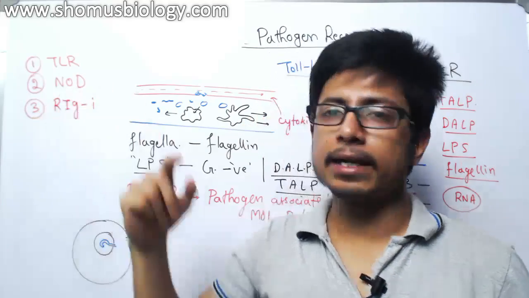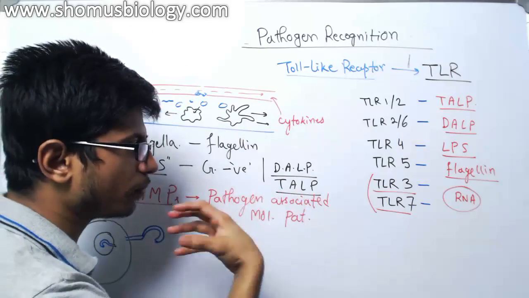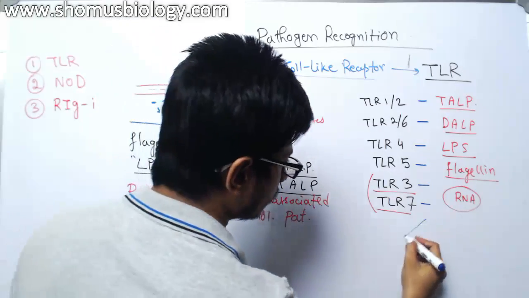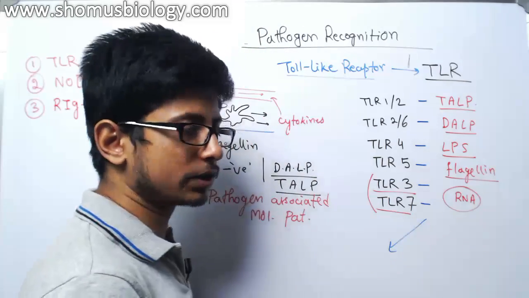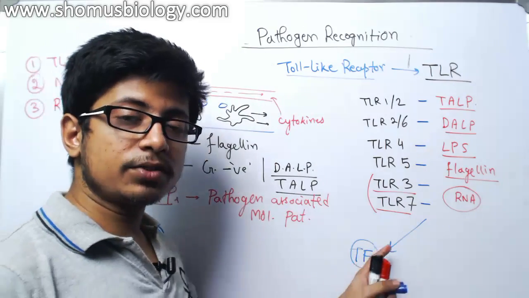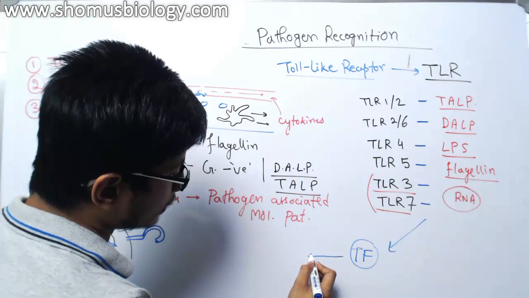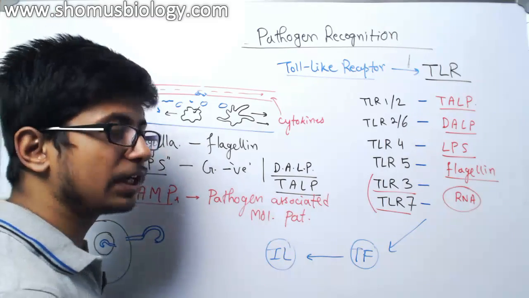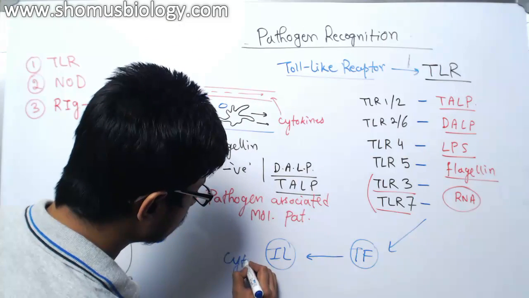Second, the function of TLR is that TLR not only recognizes the type of molecular pattern, once it recognizes the pattern, it signals through downstream signaling, and then finally activates the transcription factors. Once the transcription factors are activated inside the nucleus, they help transcribe many interleukins. Interleukins are cytokine molecules, so they will start producing more and more cytokines.